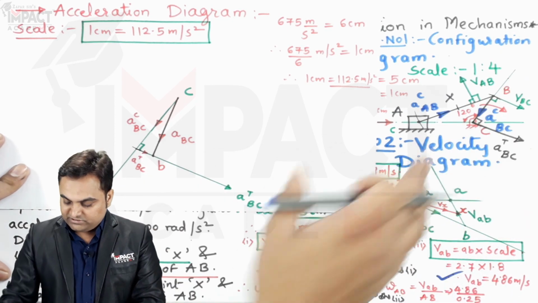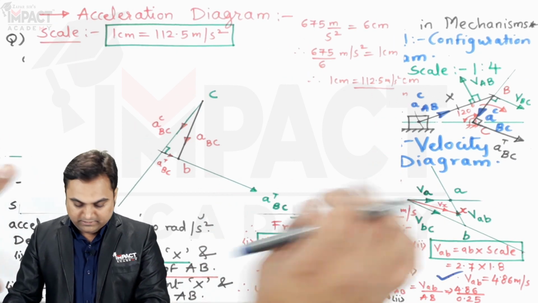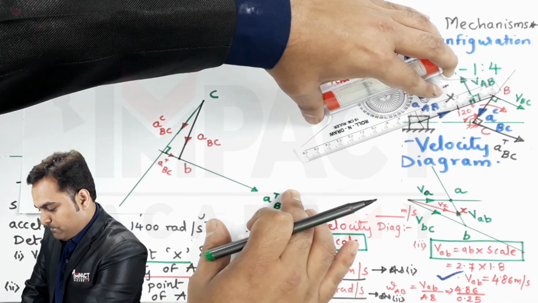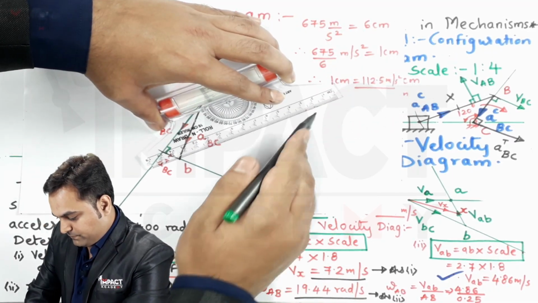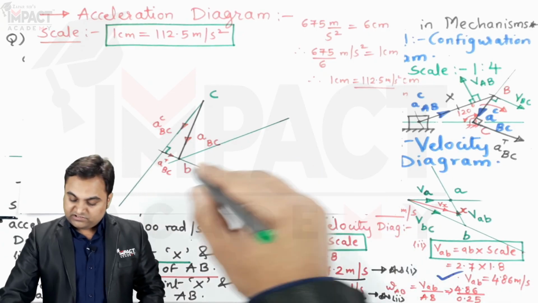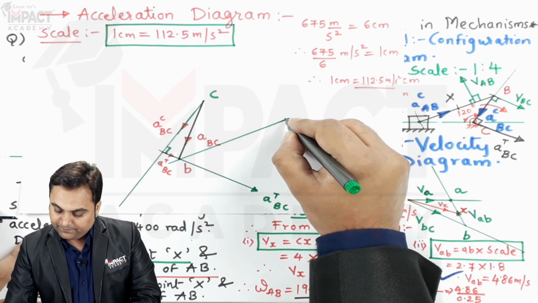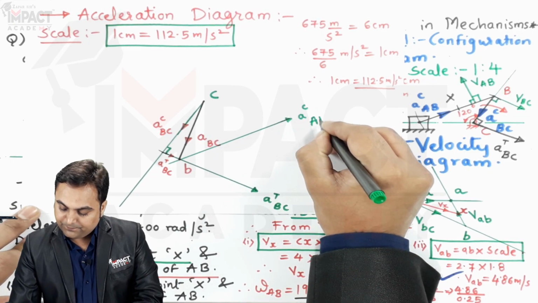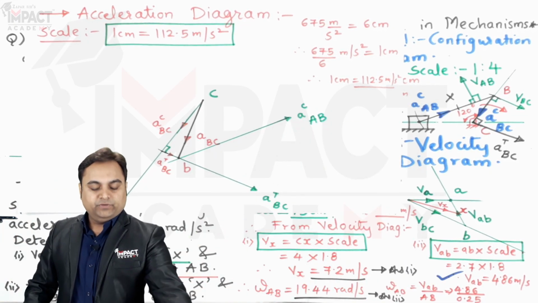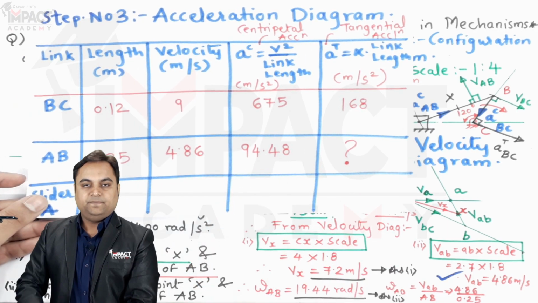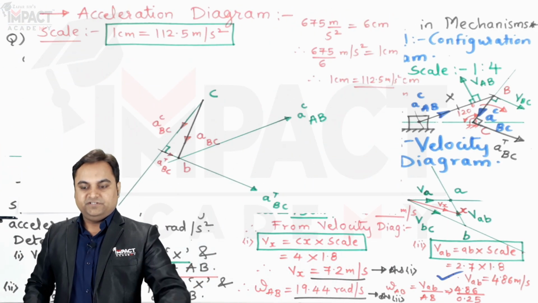So parallel to this link, I'll draw a light line and leave it as it is. Now this light line is indicating the centripetal acceleration of link AB. Its magnitude, the value, is 94.48. So dividing that by scale would give us the distance in terms of centimeters.